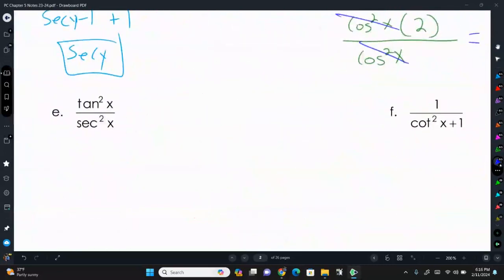Now, this one is probably a bit easier because we don't have two fractions, we have just two trig functions here. So we can simplify this again by switching them to sine and cosines. Tangent is sine squared over cosine squared. And then secant we know is 1 over cosine.